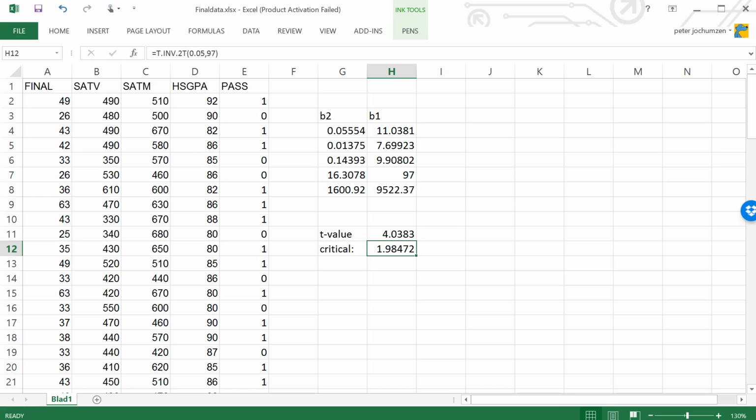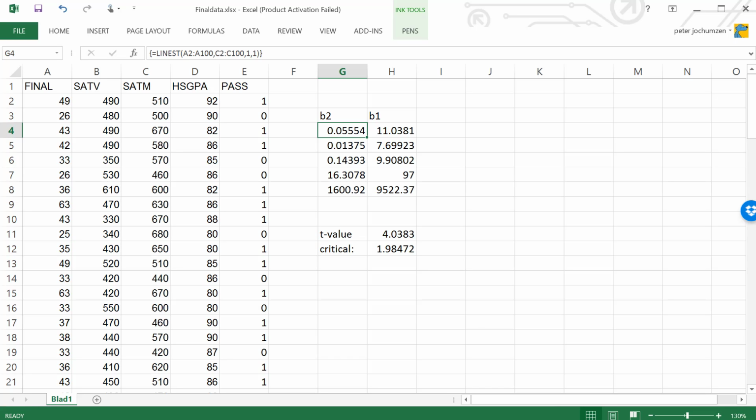We say that beta 2 is statistically significant, or sometimes we say it's statistically significantly different from 0. Sorry, I meant B2.